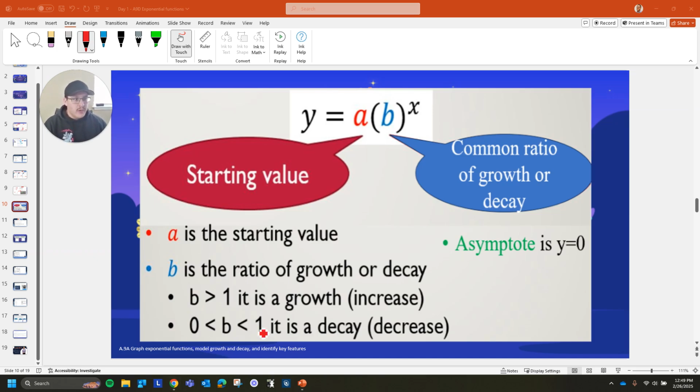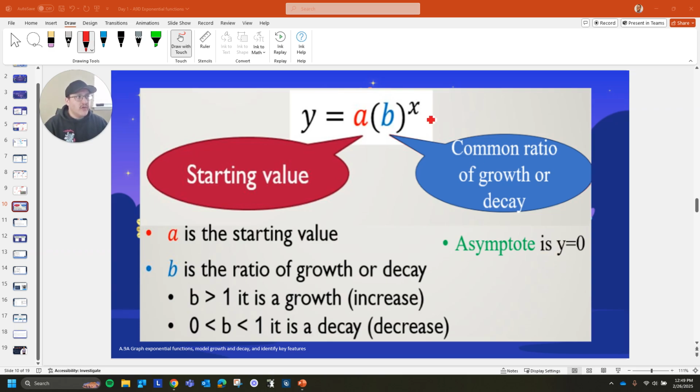Any number that's between 0 and 1, meaning like 0.2, 1/2, 3/4, 0.76, 0.0059, all of those types of numbers, anything between 0 and 1 is considered decay. That is exponential decay, a decrease that is happening. Now, unless otherwise noted, the asymptote, that imaginary line we've been talking about, the line where it just kind of flattens out and never actually touches, is a horizontal line, and the equation, unless otherwise noted, is y = 0.